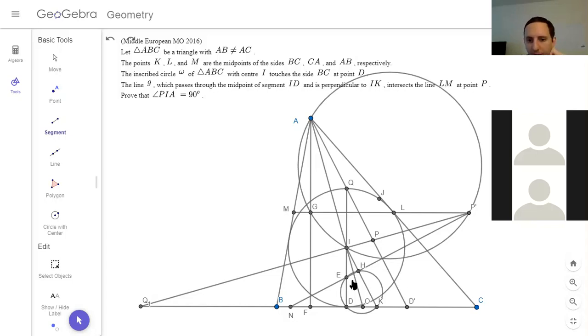So hold on a sec. So EI is equal to ED, and we want to show that EP prime is perpendicular to AD prime. If H is the orthocenter of BIC, then H is the pole of ML.